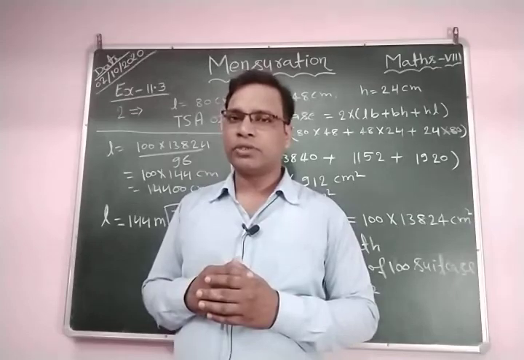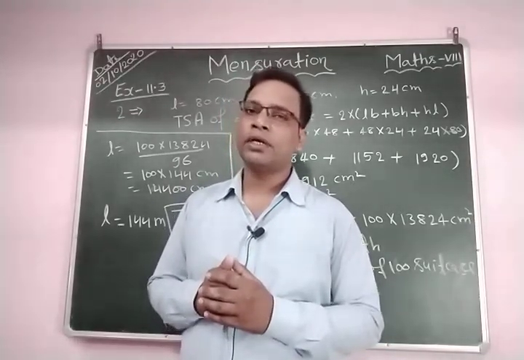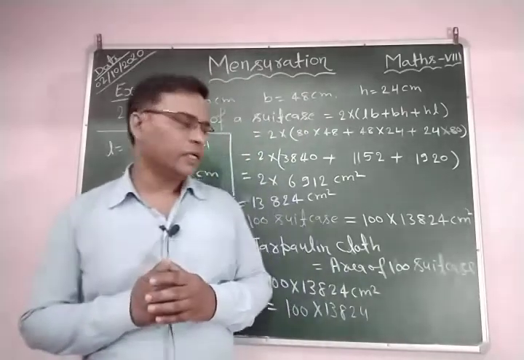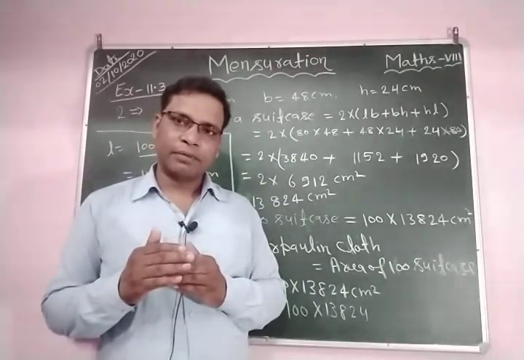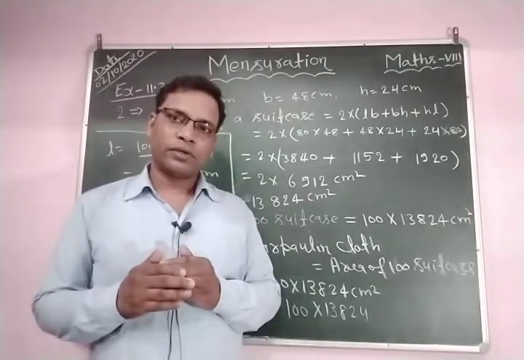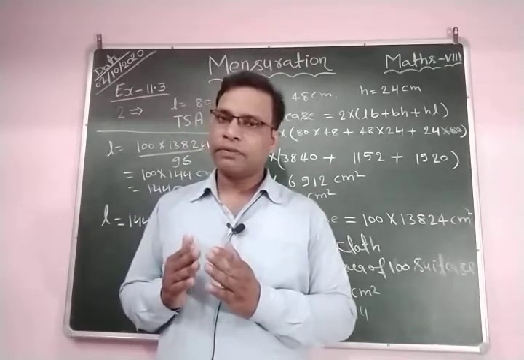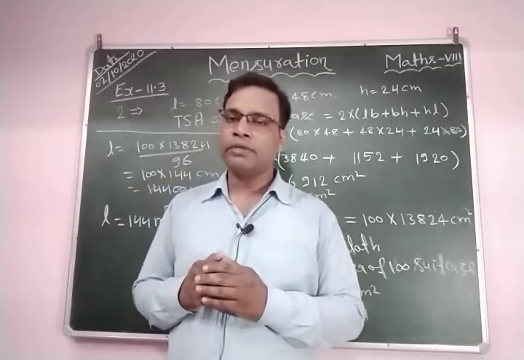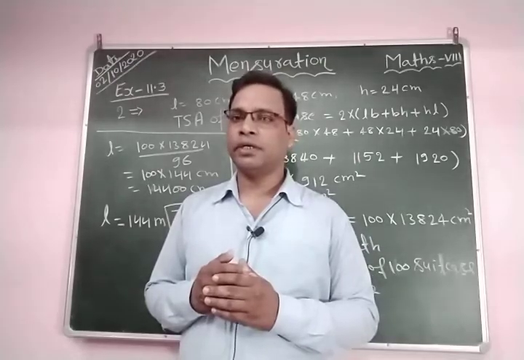This is given, we have 100 suitcases. So for 100 suitcases, the length is multiplied by 100. So 100 into 144, then we obtain 14,400. The length of the tarpaulin cloth is equal to 14,400 centimeters.